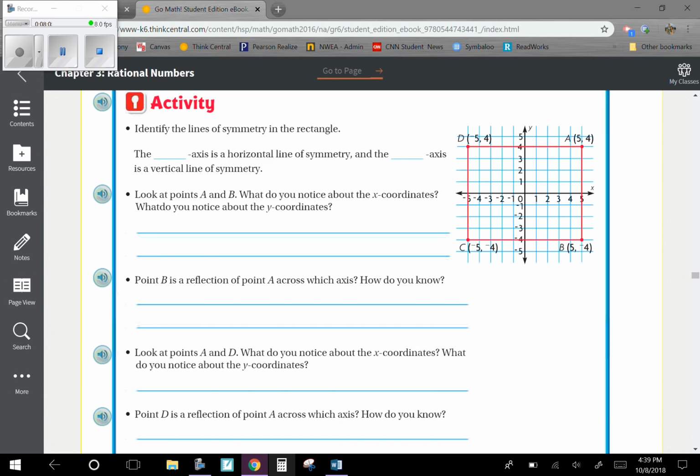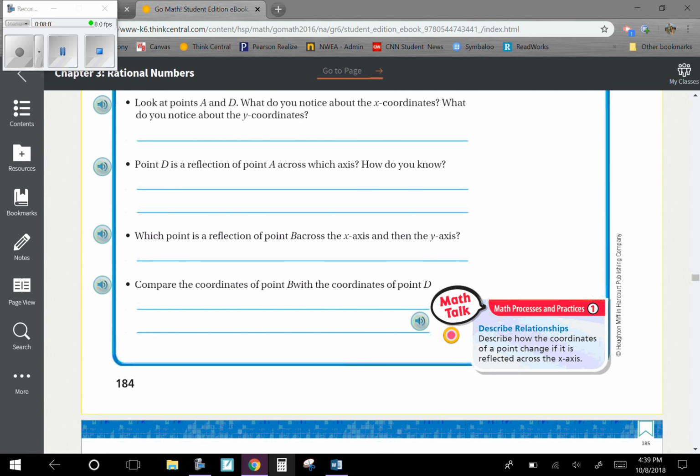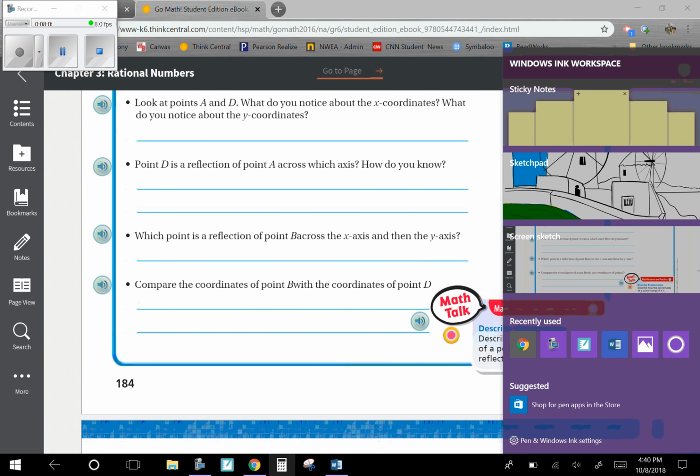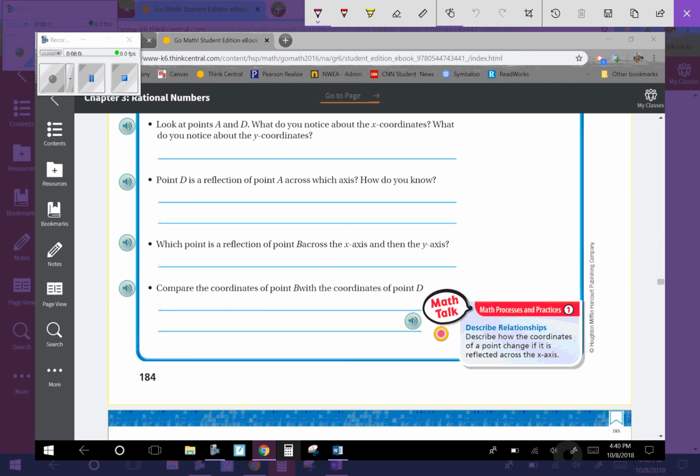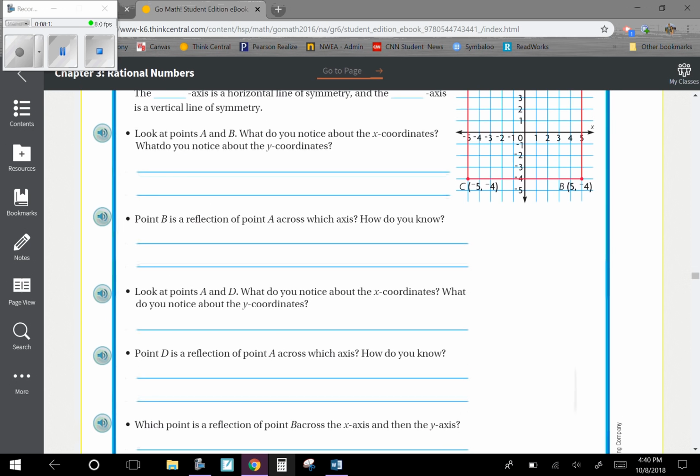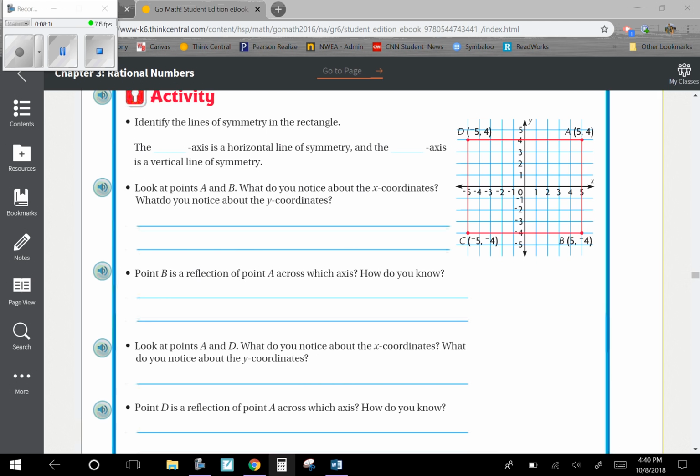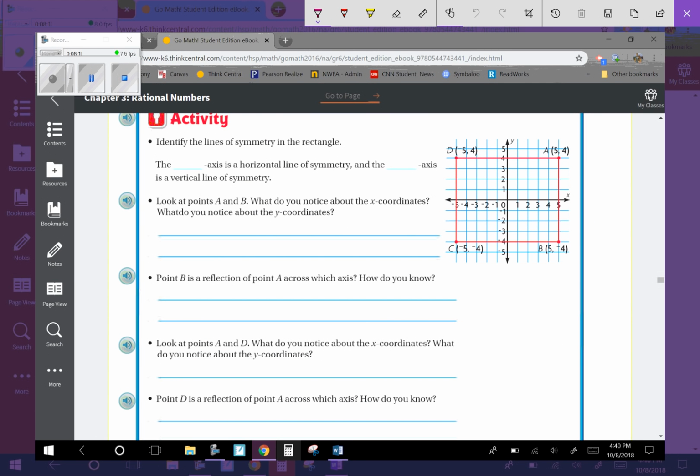And moving down, it says which point is a reflection of point B across the x-axis and then the y-axis? Okay, so looking up here, it says which point is a reflection of point B. So we're looking at B, but we need to go across the x-axis.